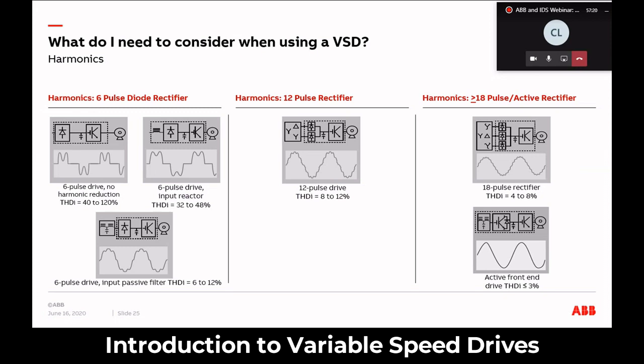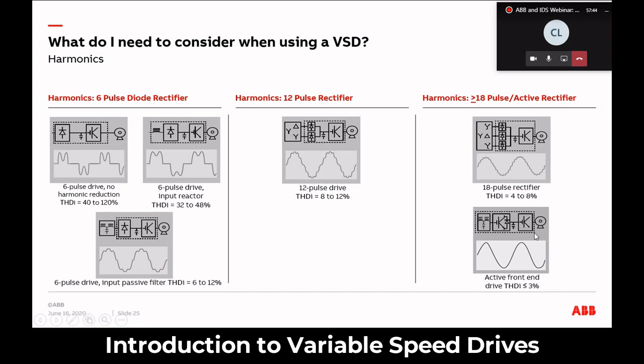So a 12-pulse rectifier will produce a typical harmonic distortion anywhere from about 8 to 12%, whereas if we have more, anything greater than 18 pulse, we get a harmonic distortion of anywhere from 4 to 8%.